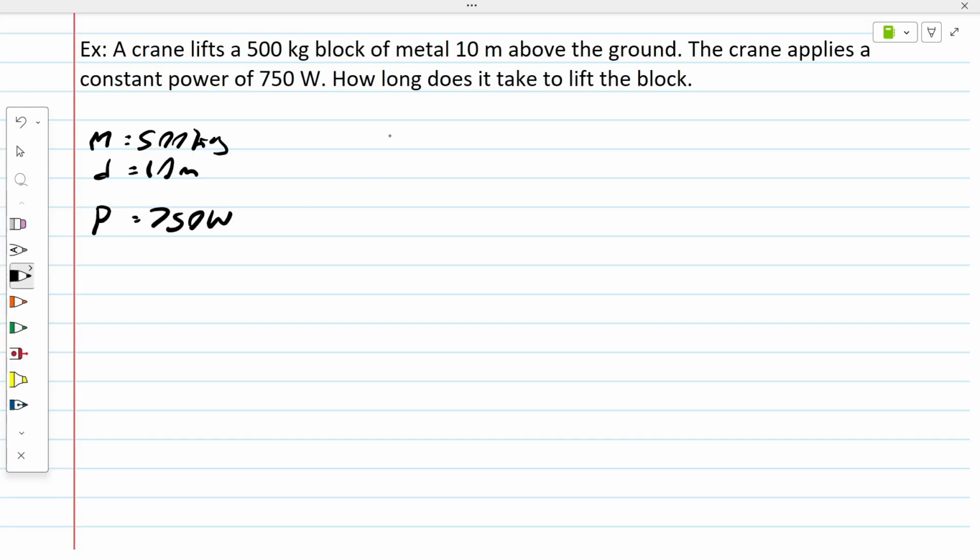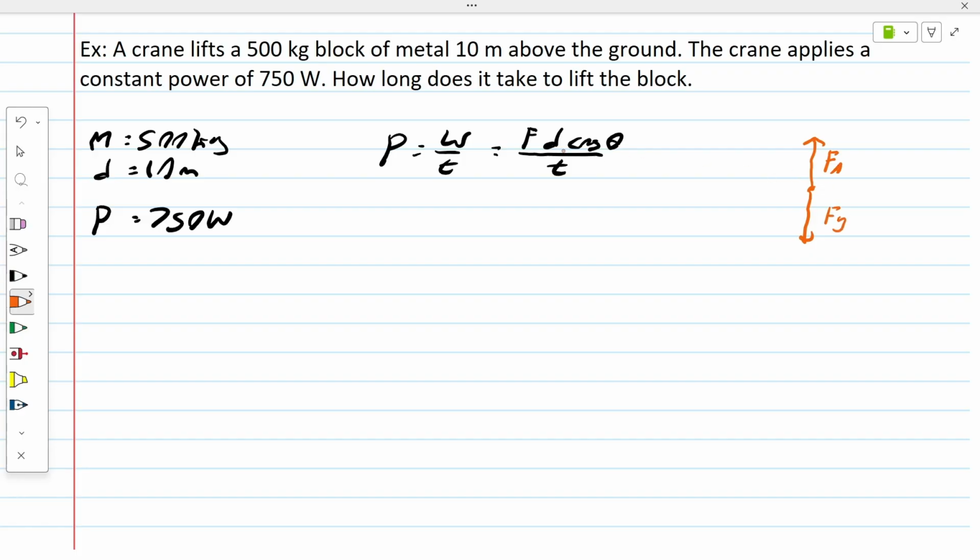Okay, so we know the power equals the work over time. And we know the work is just force times distance cosine of theta, over time. So now we just have to decide what's actually doing this force that's causing the work. Well, we know the crane is lifting the block. So if we were to draw a quick free body diagram, this force applied, or the force by the crane, is what we care about.